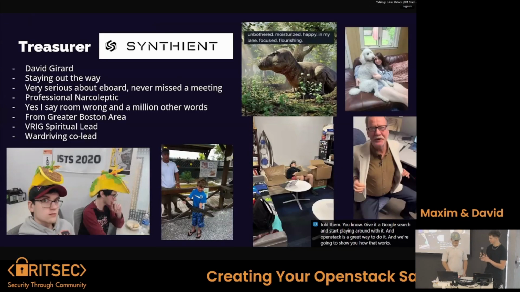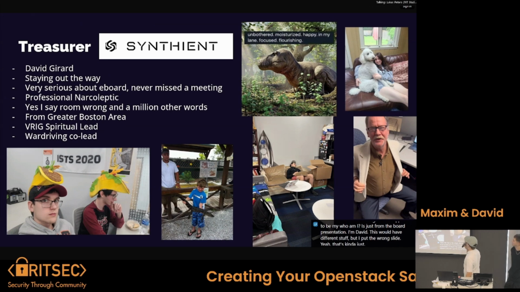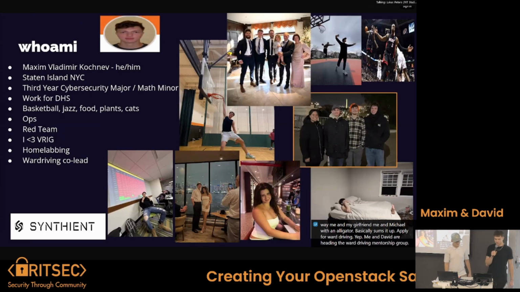So first, David. Oh, all right. This is supposed to be my Who Am I? This is just from the eBoard presentation. I'm David. This would have different stuff, but I put the wrong slide. I'm just staying out of the way. Me and my girlfriend, me and Michael, me with an alligator, basically sums it up. Apply for war driving. Me and David are heading the war driving mentorship group. And this is my Who Am I, also stolen from my eBoard presentation, just changed the words around a little bit.